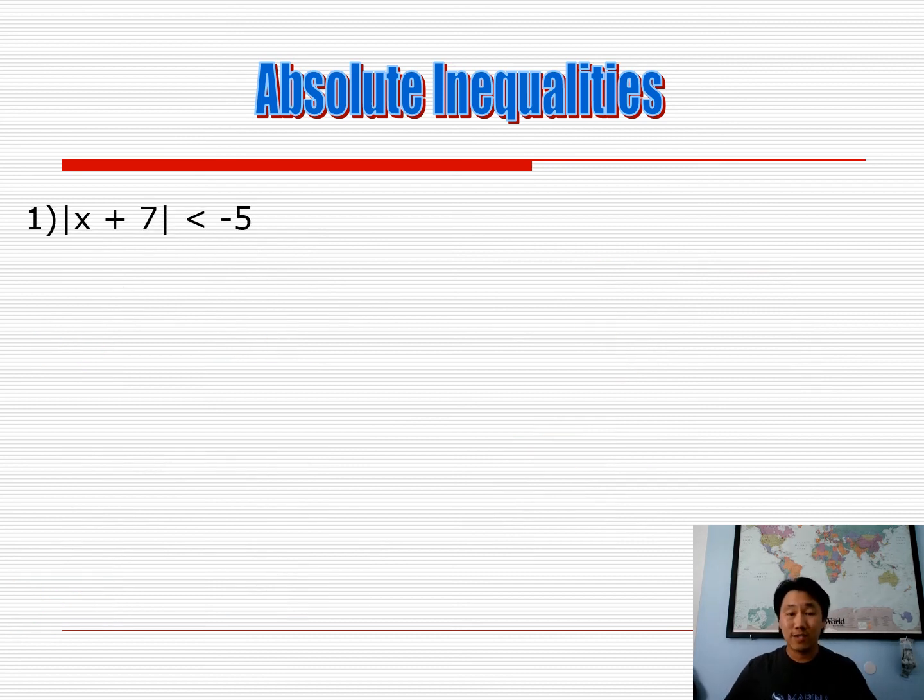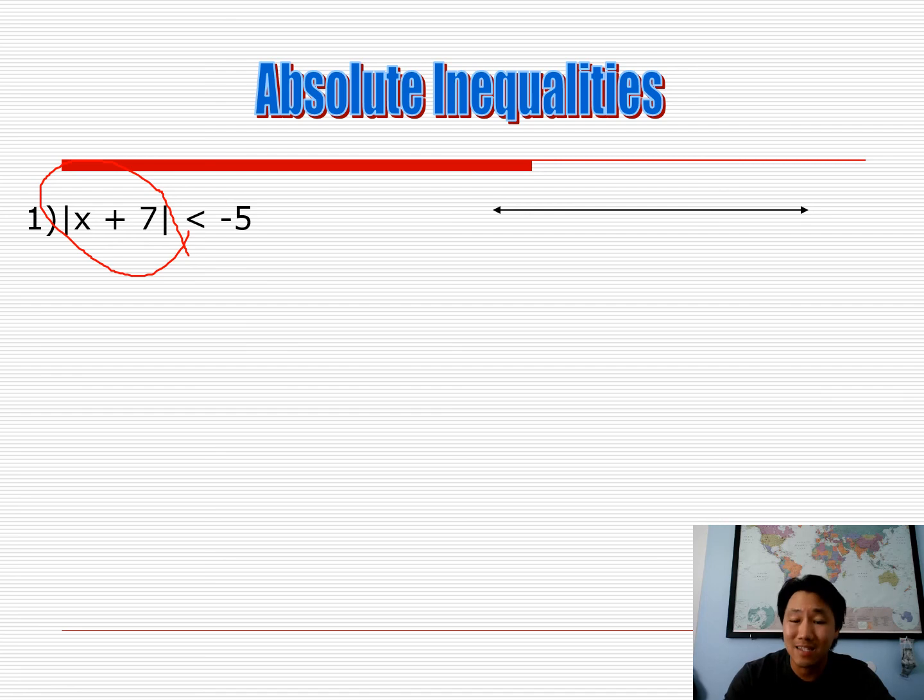Let's do a few tricky ones now. We have absolute value of x plus 7 is less than negative 5. That doesn't seem tricky, it seems easy, but it is a little tricky because whenever you have absolute value, it always has to be positive.